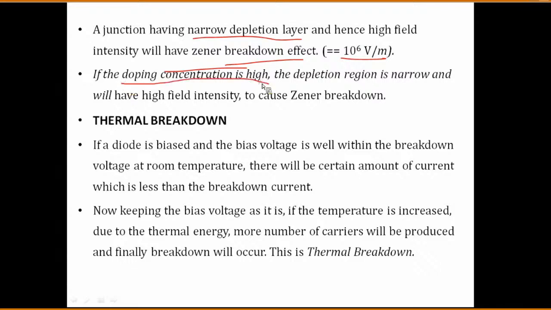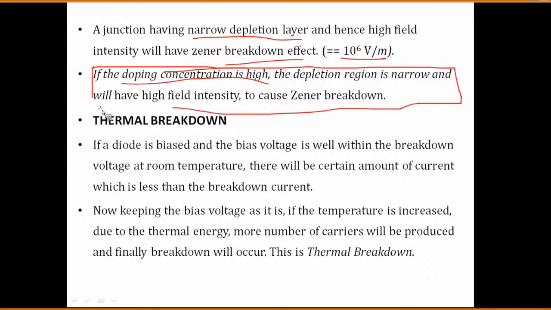If the doping concentration is high, now remember, this is a very important thing for the next topic. If you are doping the material heavily with P type and N type, the depletion region is narrow and will have high field intensity, that will cause Zener breakdown. The Zener diode and tunnel diode look a little bit similar, but the concept is different.